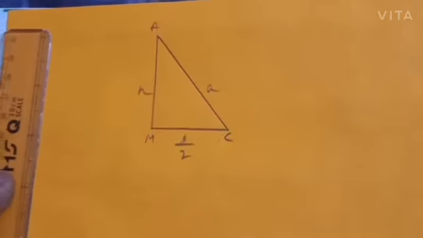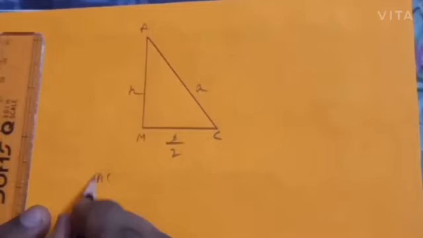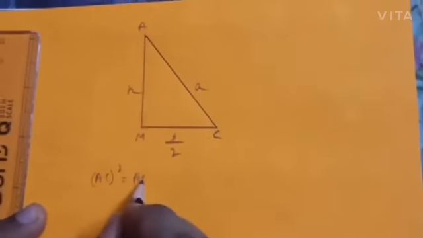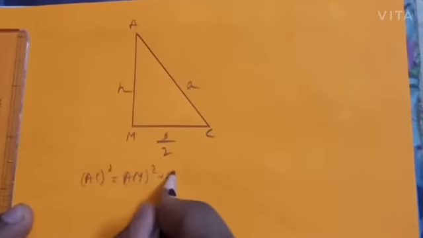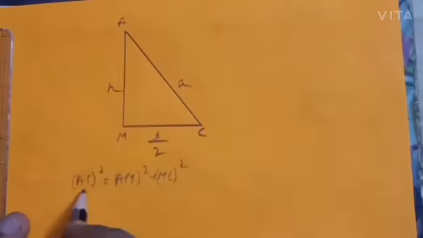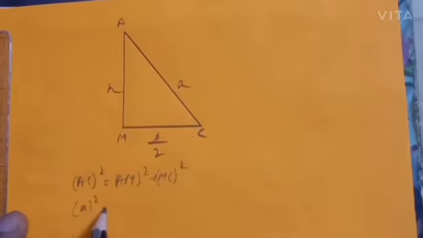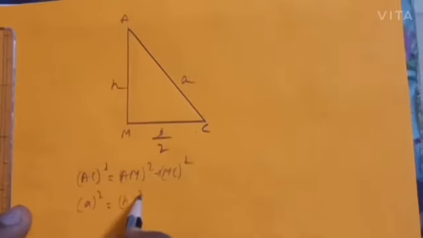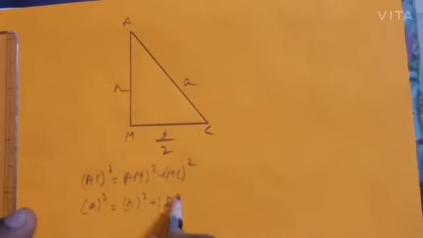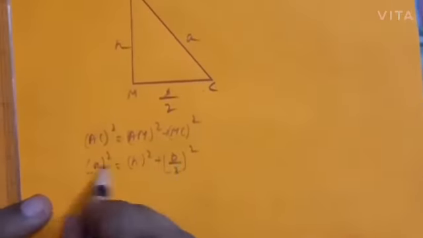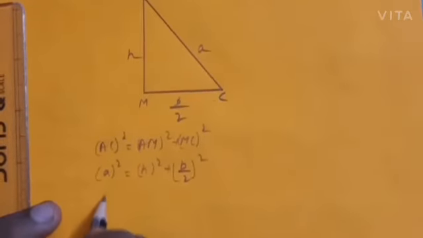So by using the Pythagoras theorem, AC square is equal to AM square plus MC square. So A square is equal to H square plus B by 2 the whole square. So we have these two values, and we want H.